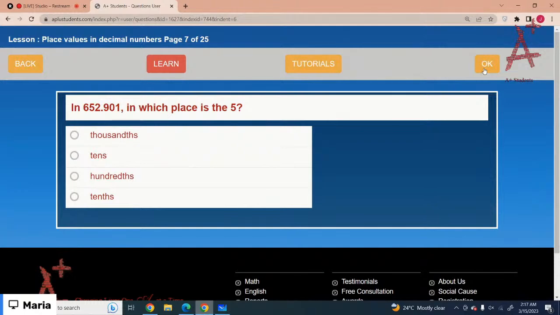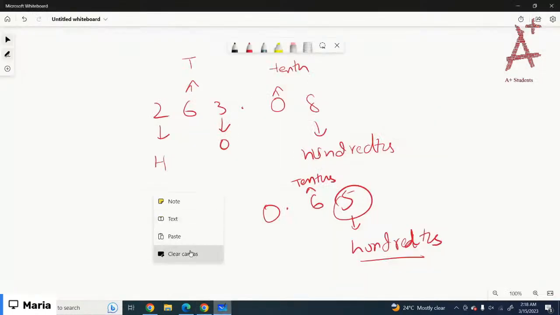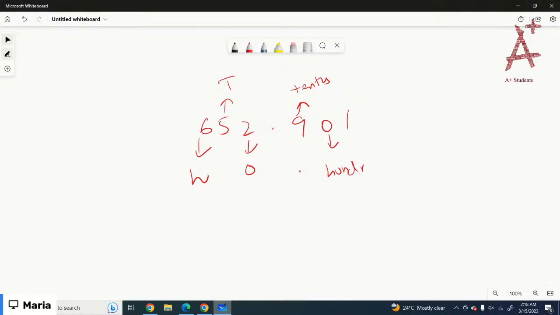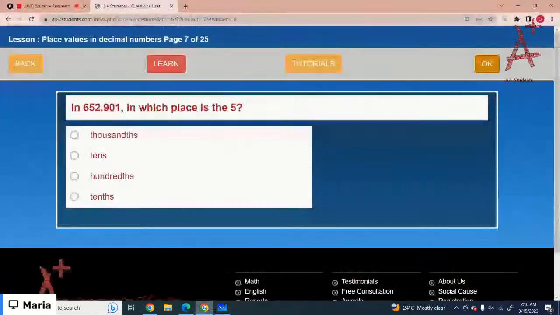So which place is the 5? 652.901. 2 is at the ones position, 5 is at the tens, and 6 is at the hundreds position. 9 is at the tenths position, 0 is at the hundredths position, and 1 is at the thousandths position. So 5 is at the tens position. Got it?